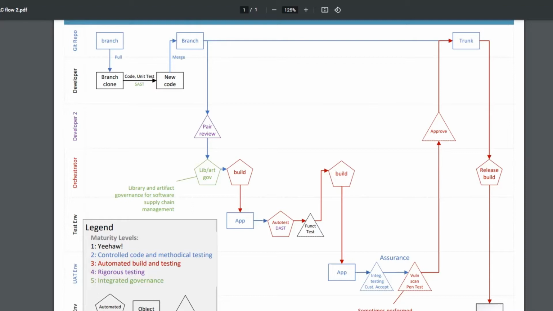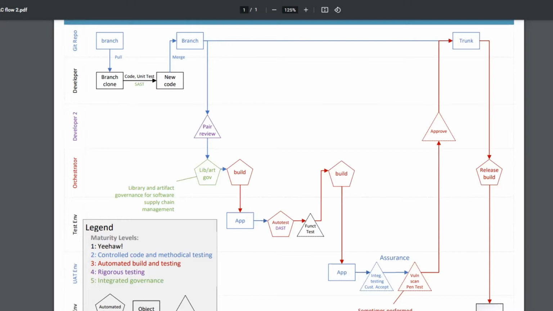The orchestrator looks really interesting to me because you're saying this is the person that, after it's been reviewed, takes on the governance of it and then builds something. I can even say that builds the machine learning algorithm or something like that. Or builds the app in this case, sorry. And then they test it in the testing environment.